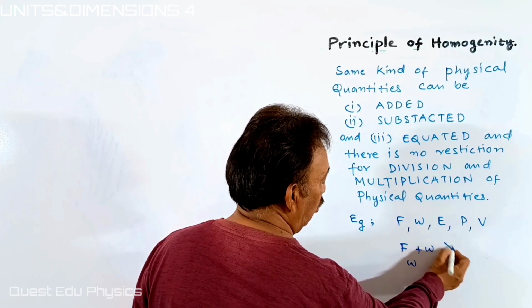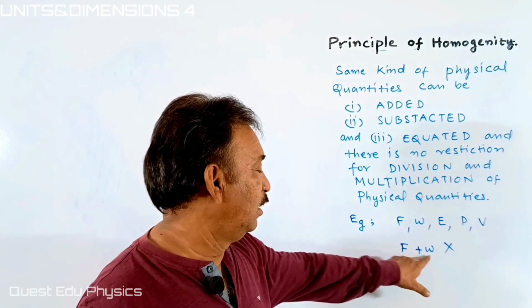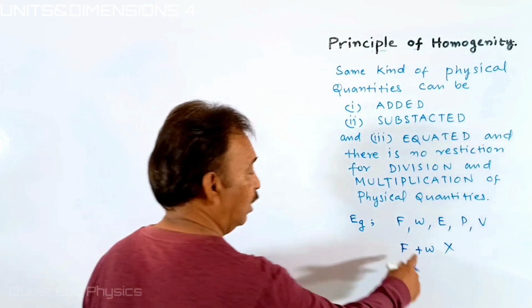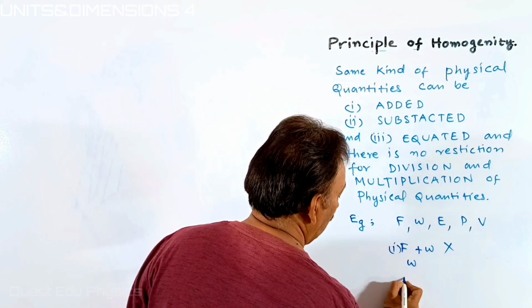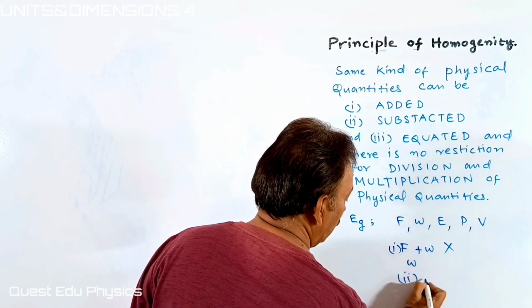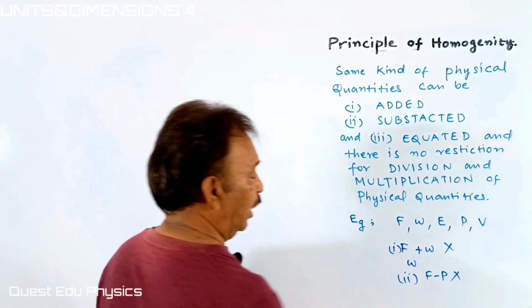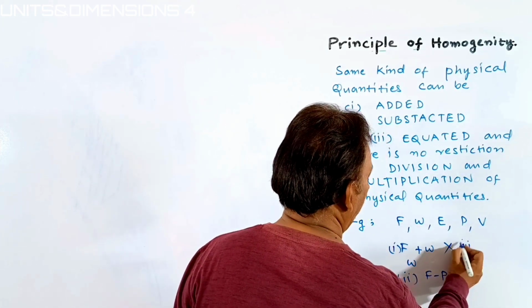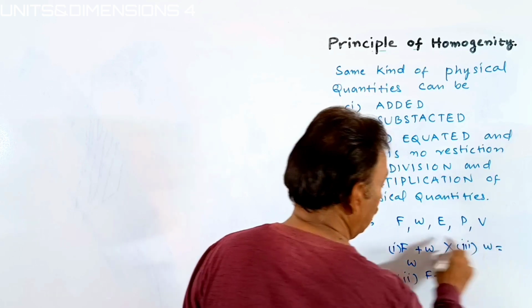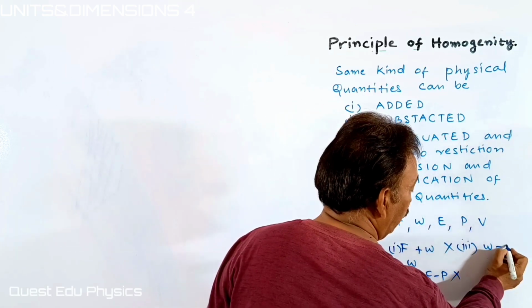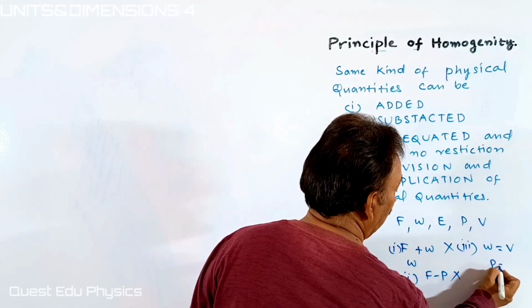It's the wrong way. You cannot add force with work, for example one. Second, you cannot subtract force from pressure. It is wrong. And the third example, you cannot equate work with velocity or pressure with velocity.